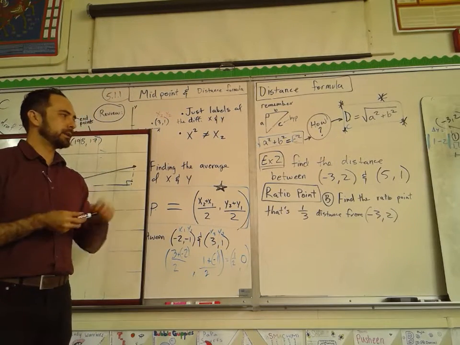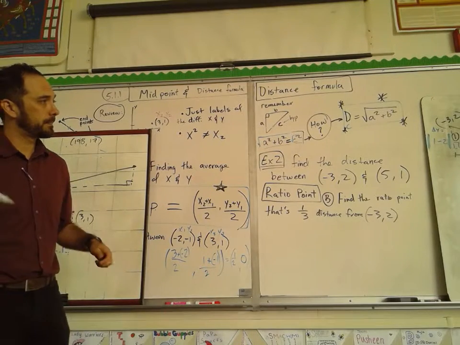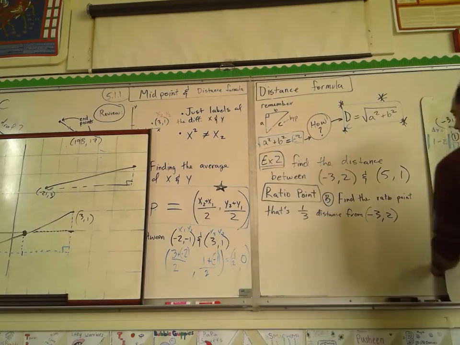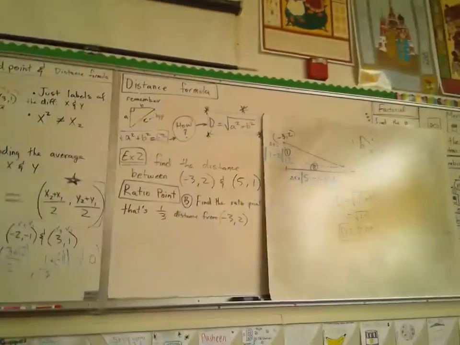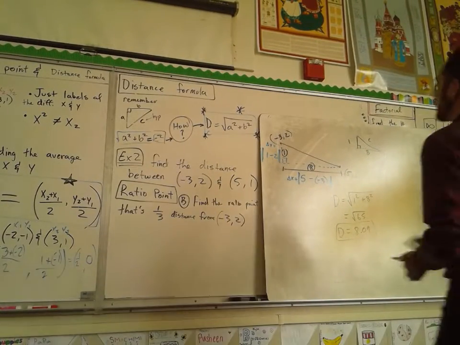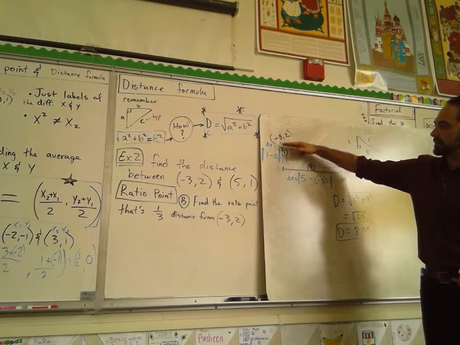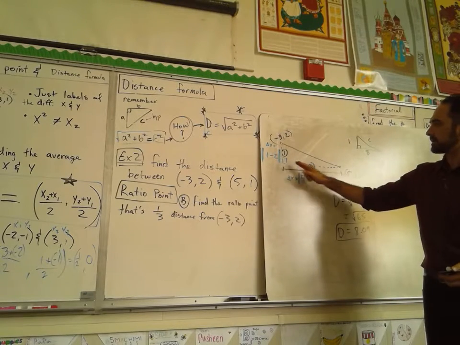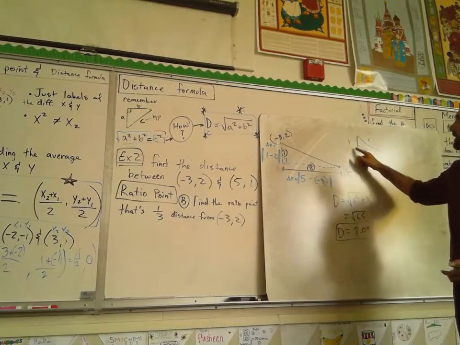So in this case, we've already done some of the work here. All the work we did in the last problem was basically on this board. We plotted our 2 points and found the change in x and the change in y, so we have our triangle, 1 and 8.